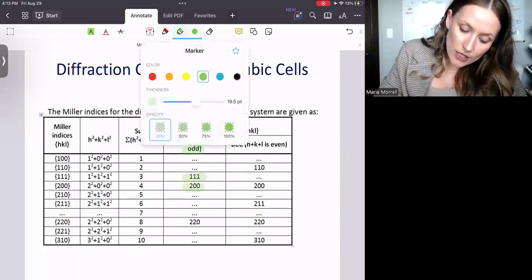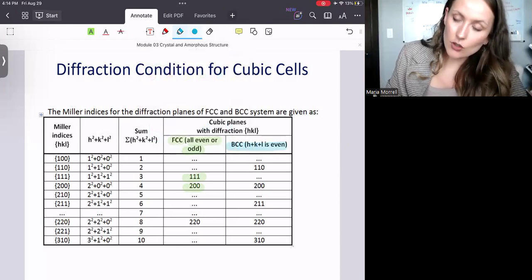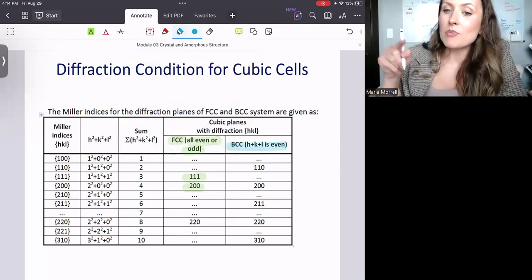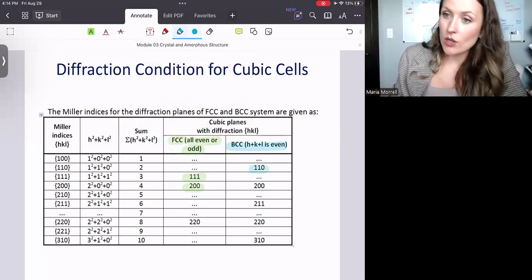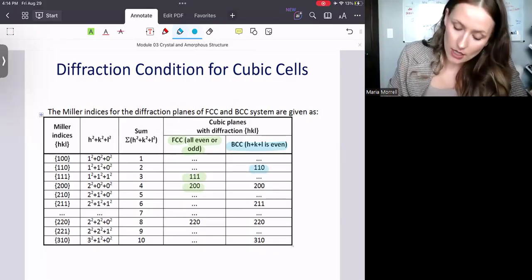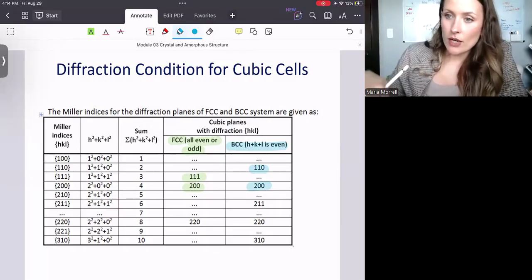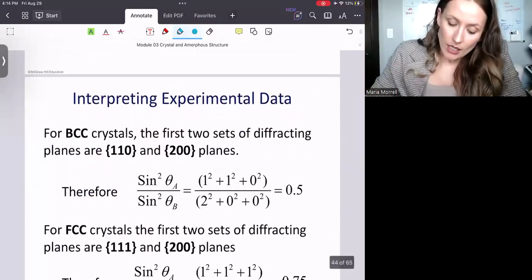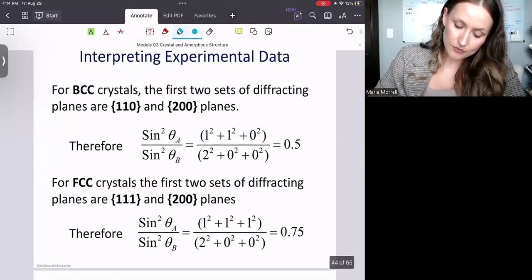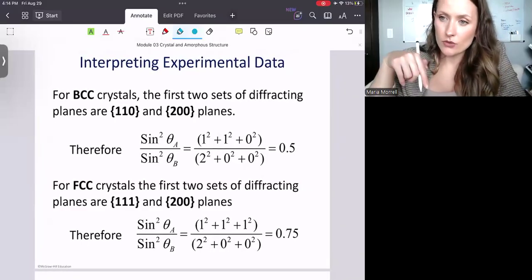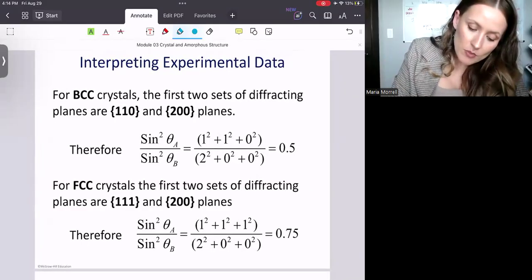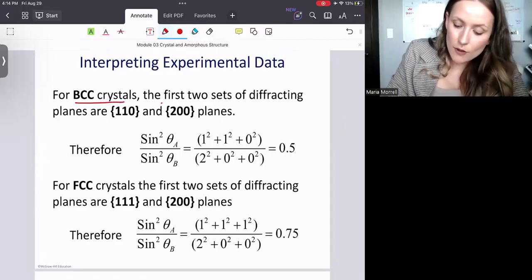Now, for the BCC, the rule is that the sum must be even. That's going to be 1, 1, 0, where the sum is 2, then 2, 0, 0, where the sum is 2, and the rest follow the same rule. If we apply this rule to a BCC crystal, the first two diffracting planes are 1, 1, 0 and 2, 0, 0.